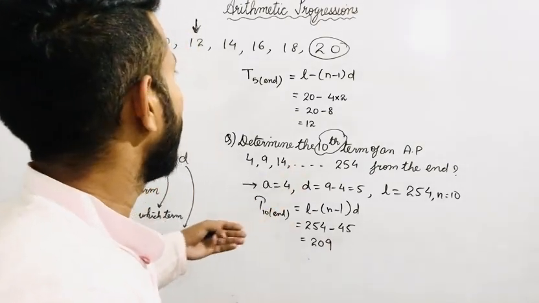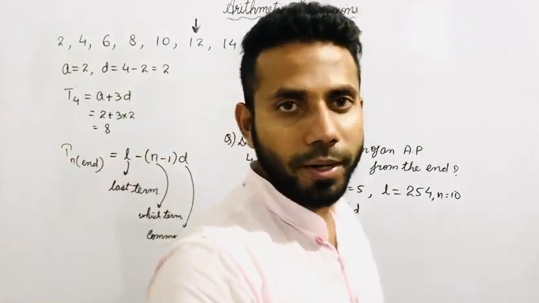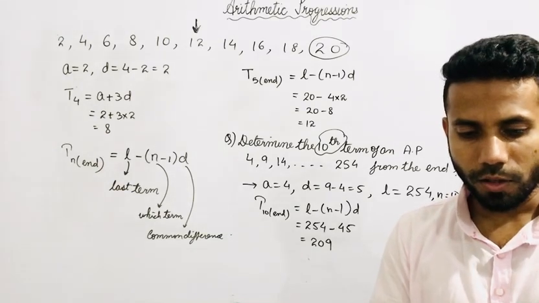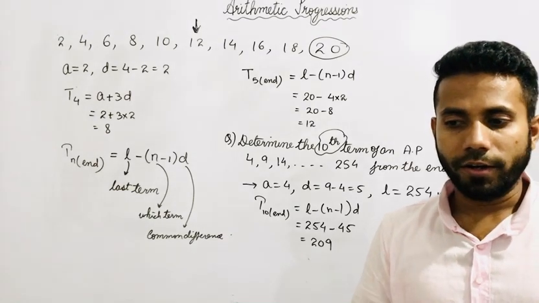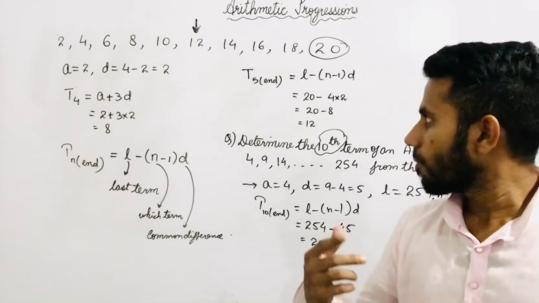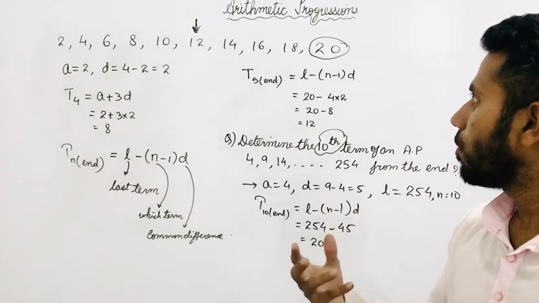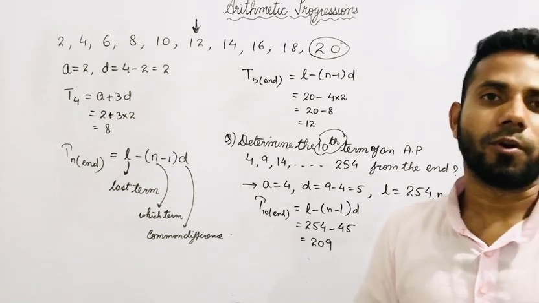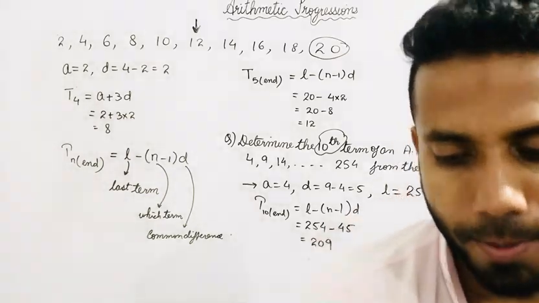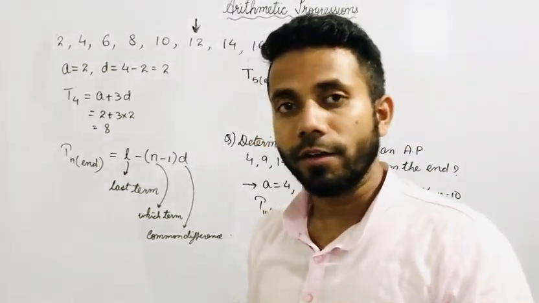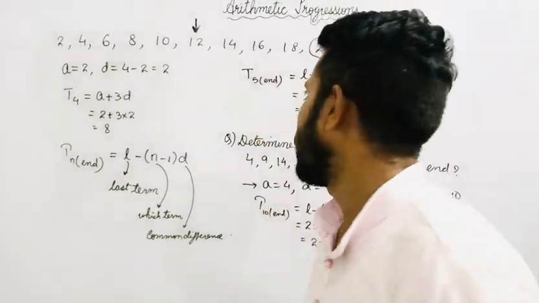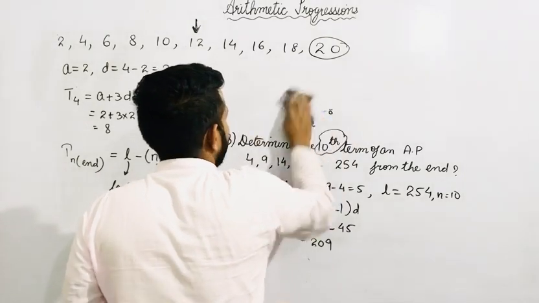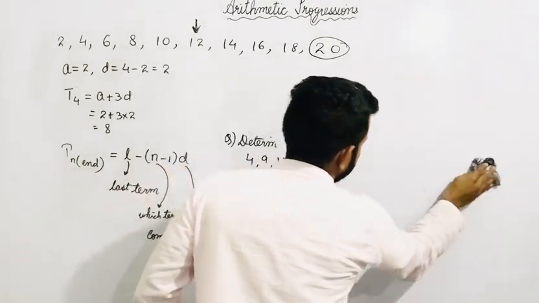So this is how you calculate any term of an AP from the beginning and any term of an AP from the end. Now I'll tell you how to know whether a given term of an AP belongs to that AP or not. For example, how will you find that a given term belongs to that AP or doesn't belong to that AP? Let us take this example.